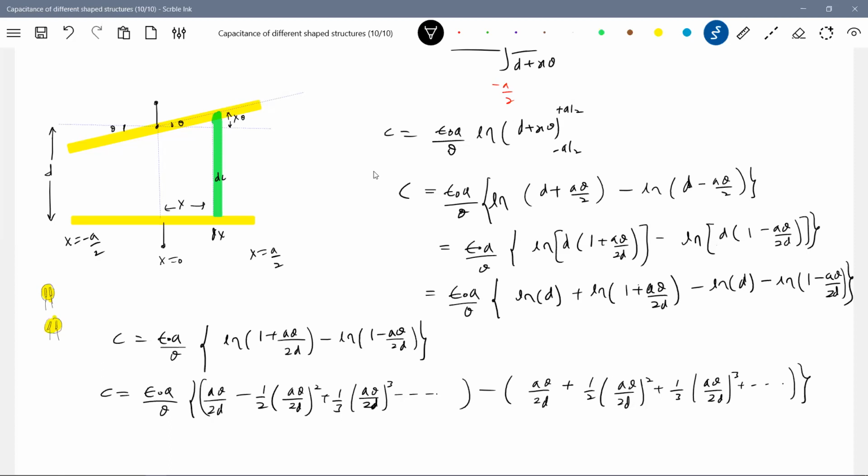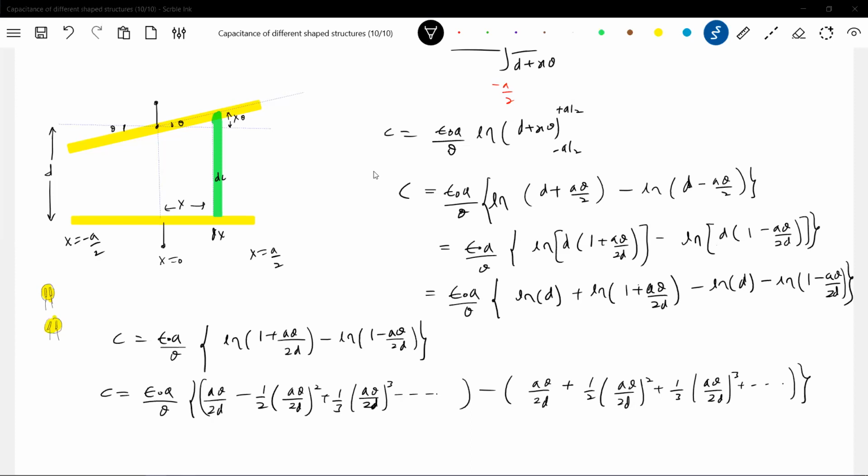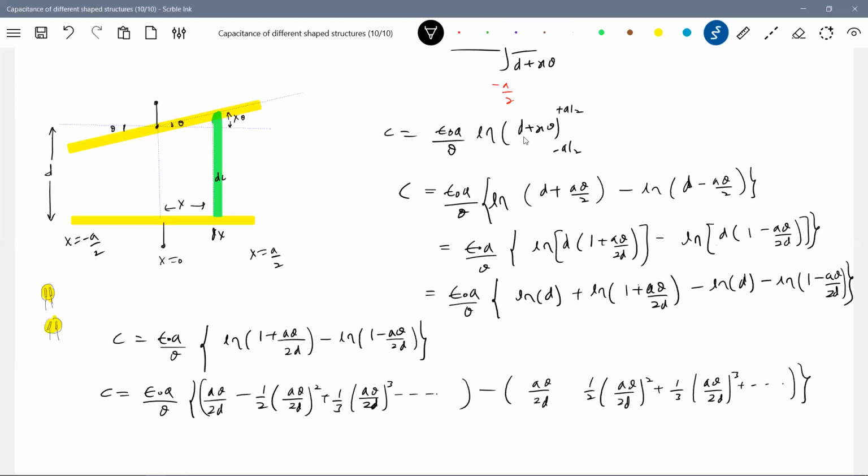Log of 1 plus x has alternating signs, but here everything will be minus. Everything will be minus here, no? Yes, sir. Okay, fine.